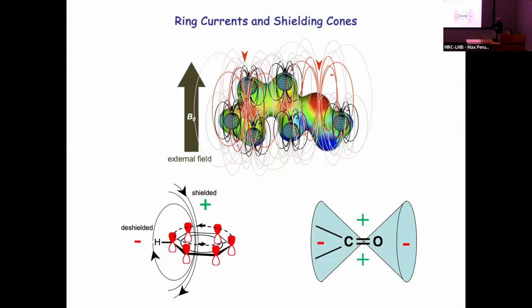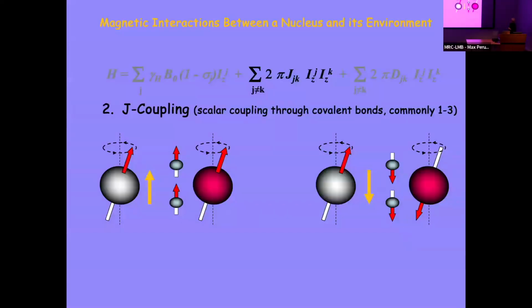We do also see, around pi bonded systems, delocalized movement of electron clouds around carbonyl groups. You get this so-called shielding cone where you get enhancement or suppression of the magnetic field. So you get a whole range of effects that help the different spins to experience different local magnetic fields. J coupling is an effect that is transmitted through covalent bonds.